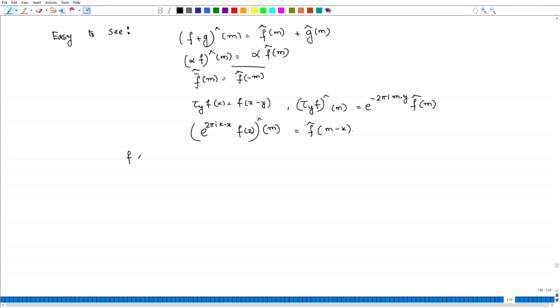Now, we define the important concept of the convolution of f with g. It has a group structure, so we can define it as the integral of f of x minus y, g of y dy, and just by changing the order of integration, we can arrive at the product formula for the convolution.